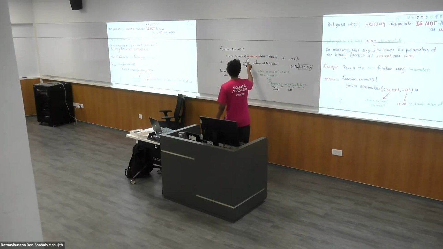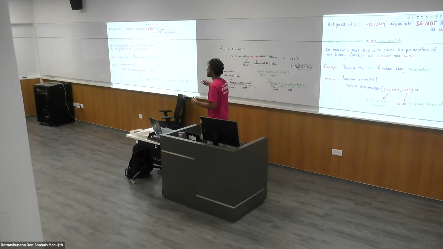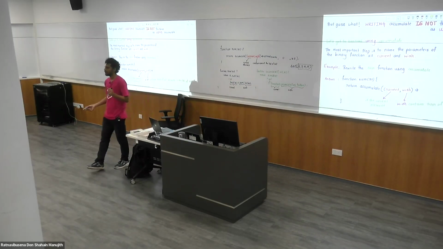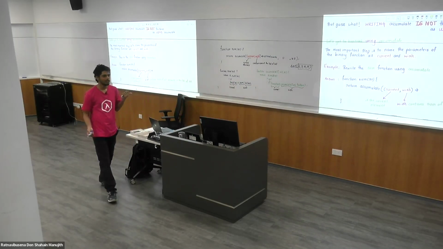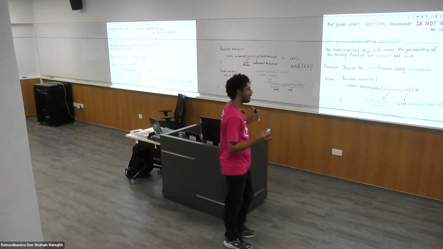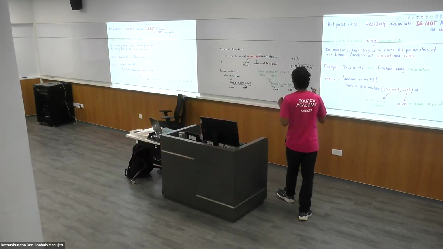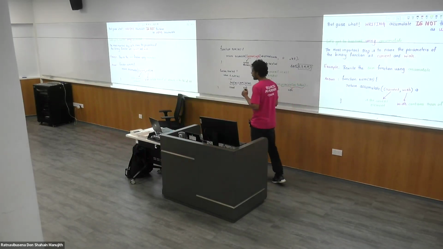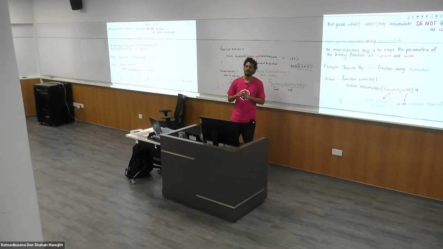So by changing your parameter names to current and wish, you actually can solve any problem. You can actually simulate recursion. Is that clear to everyone? Can you see how powerful accumulate is? If you know how to use it well, then you are actually in a pretty good position.